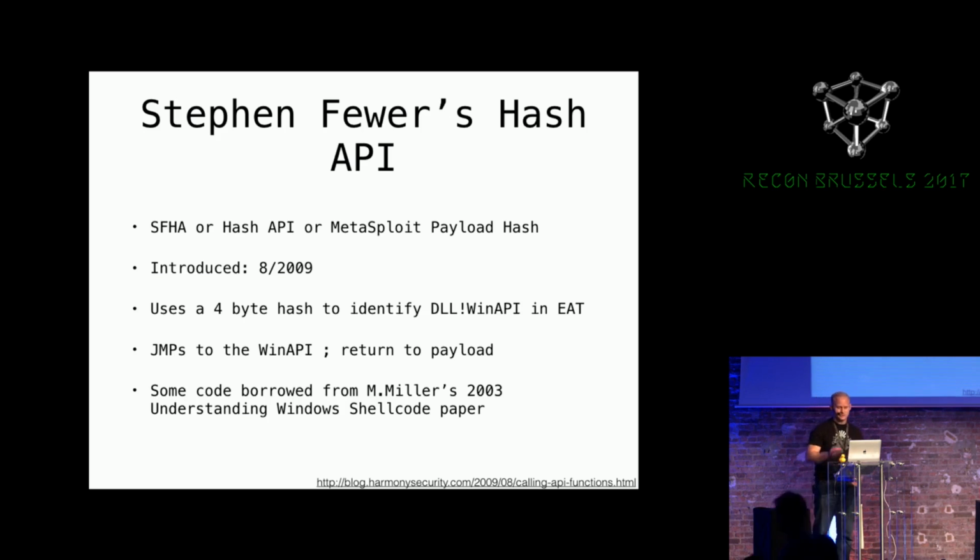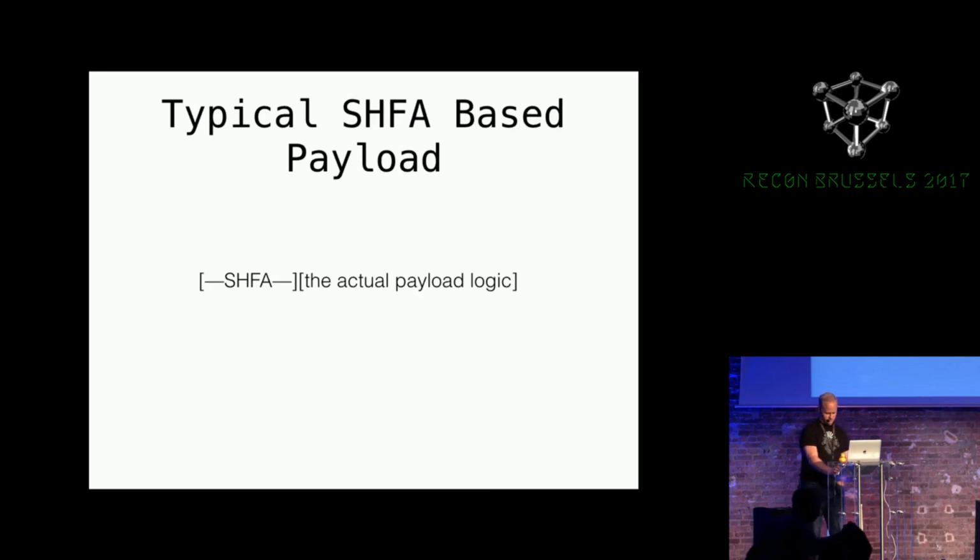It's actually really awesome because it parses the export table, and it works like this. Let me just go ahead and explain it to you. It makes a call over the actual hash API and goes into the actual payload logic, and there's a very strict API for how this works. It will pop the return address into EBP, and it will push everything for x86 onto the stack, and then it will make a call to EBP.